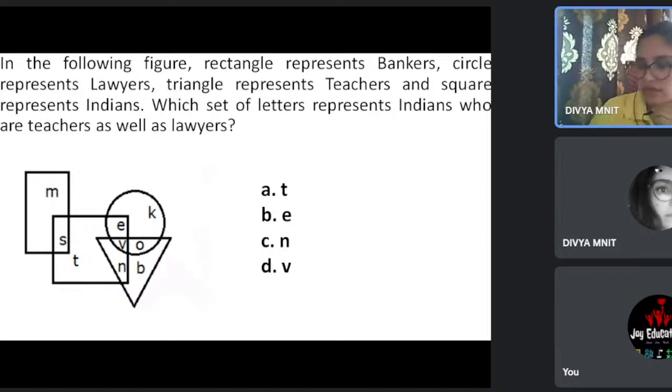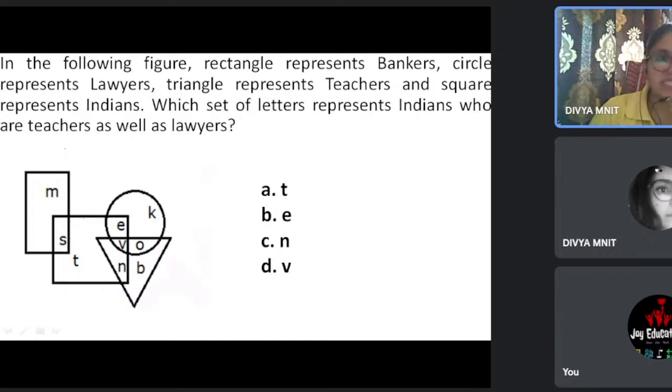Let's take another example. In this example, the rectangle represents the banker, the circle represents the lawyer, the triangle represents the teacher, and the square represents the Indians. We have to find which letter represents Indians who are teachers as well as lawyers.